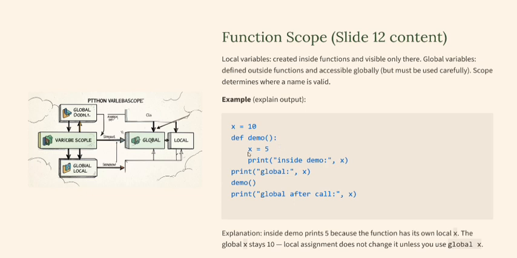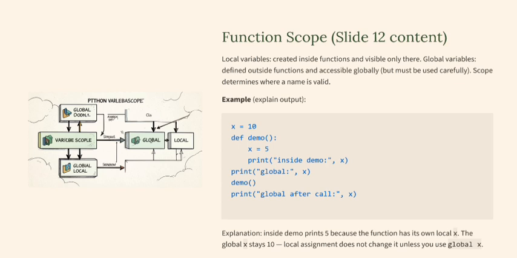Inside the function we create x is equal to 5. This x is called a local variable. It exists only while the function is running. Outside the function we cannot directly access this variable. Why? Because its scope is limited to that function.